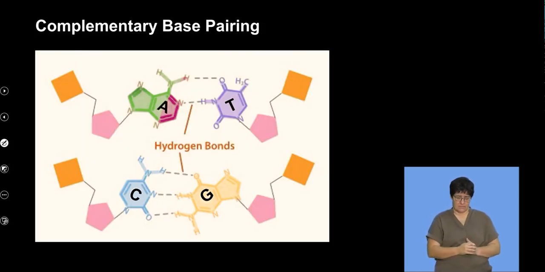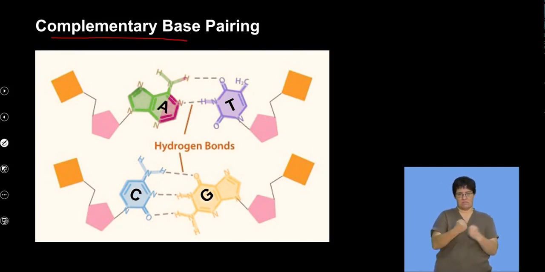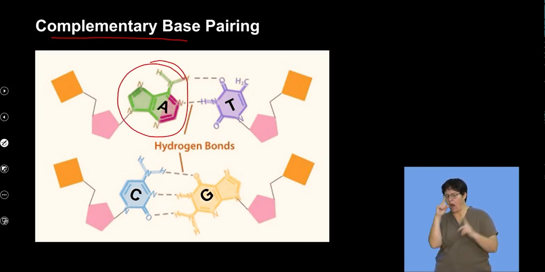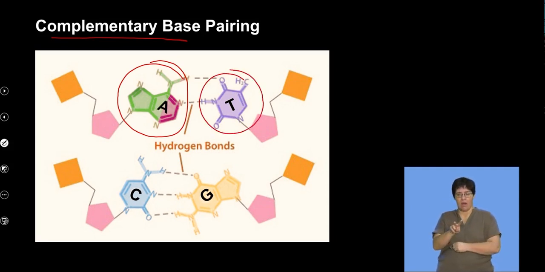Here's the chemical structure showing you complementary base pairs. What I need you to understand is that, yes, this is important in terms of the complexity behind the chemical structure of adenine, but more especially, in any complementary base pair which we see here, there's always a purine and a pyrimidine base connected together.